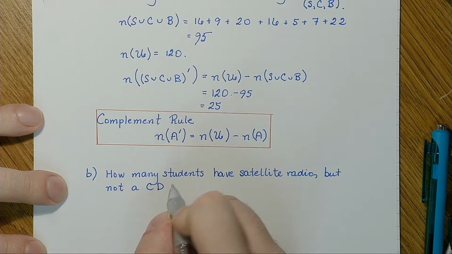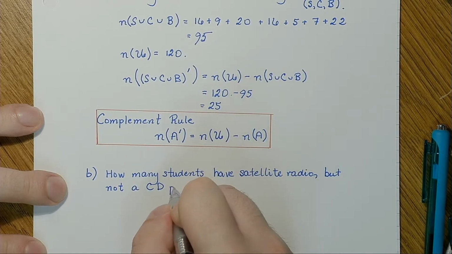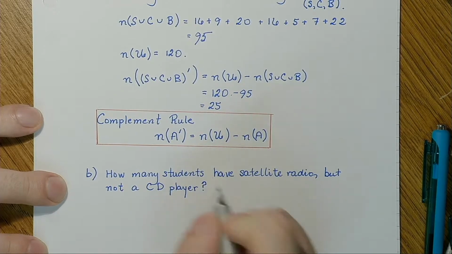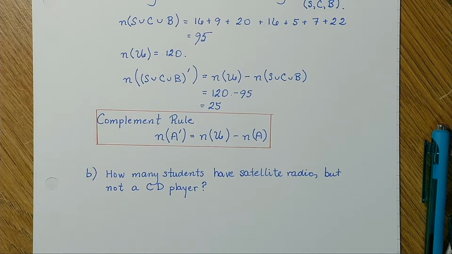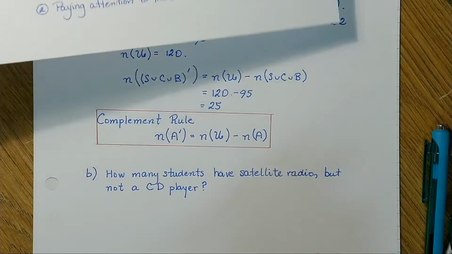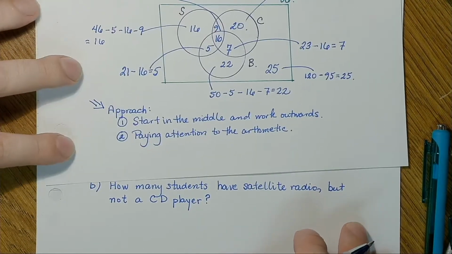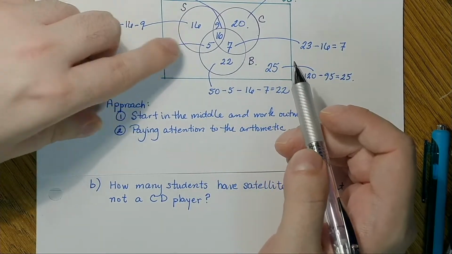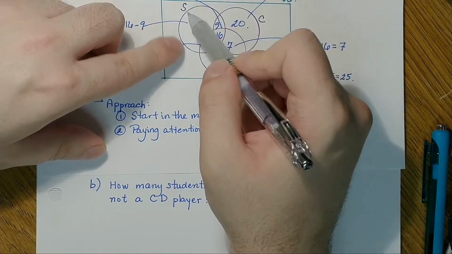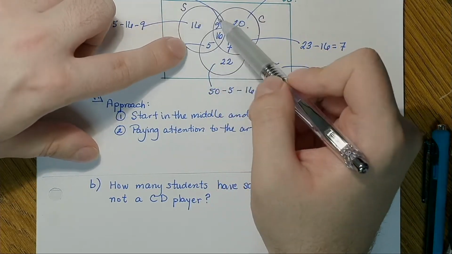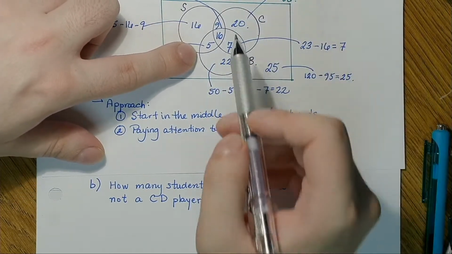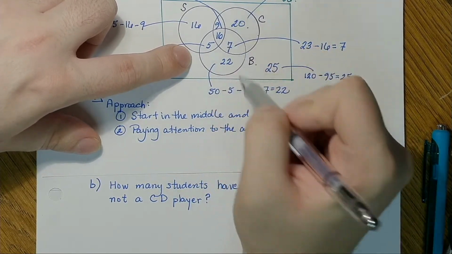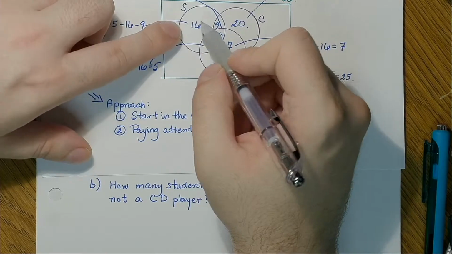It's not a very common feature anymore. It's starting to disappear out of new cars. So how many students have a satellite radio but not a CD player? So with this, we can actually look and answer this. There's our set here, which is the set of people who have satellite radio. And what we have then is people who don't have a CD player.